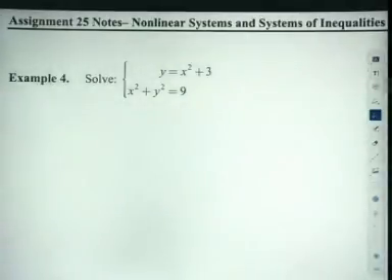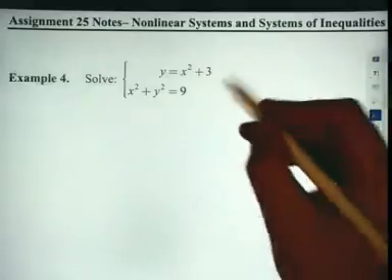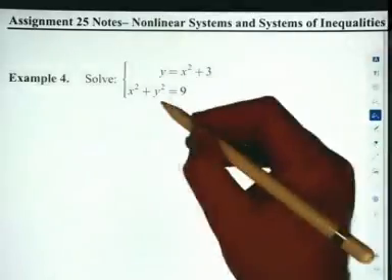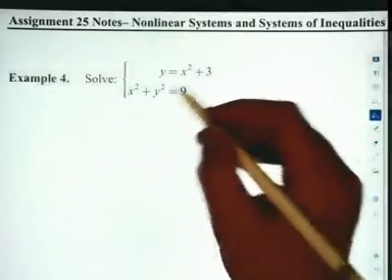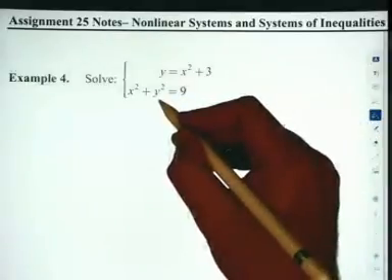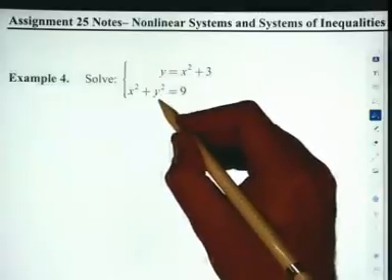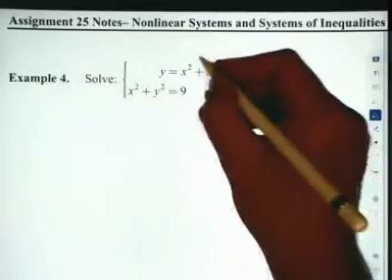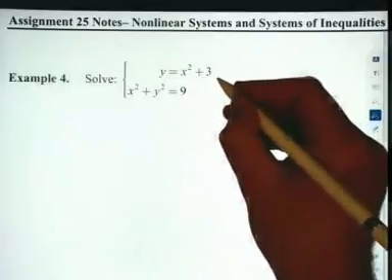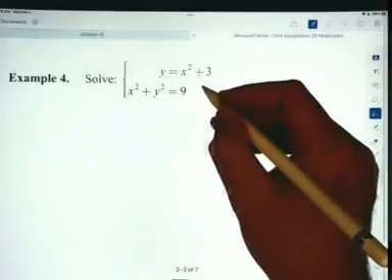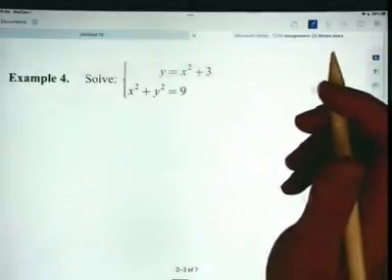In this problem, as I look at this system, you might be thinking to take the x squared plus 3 and substitute it in for the y down here. I really don't want to do that because notice that this is a y squared. You would have to end up squaring x squared plus 3. That's going to create a 4th degree expression, and I just don't want to deal with a 4th degree expression.